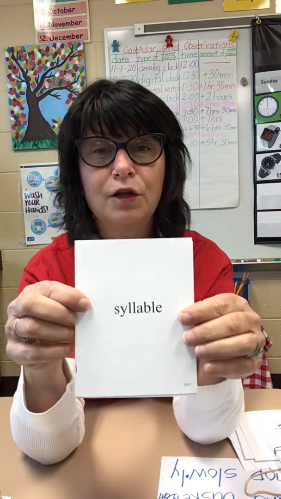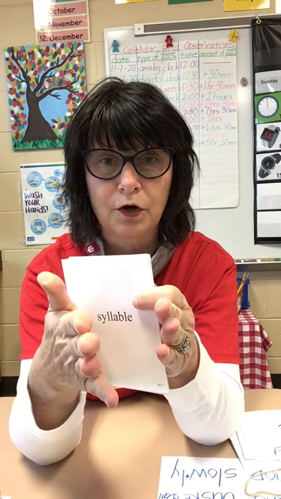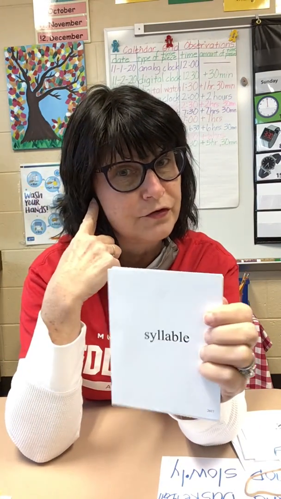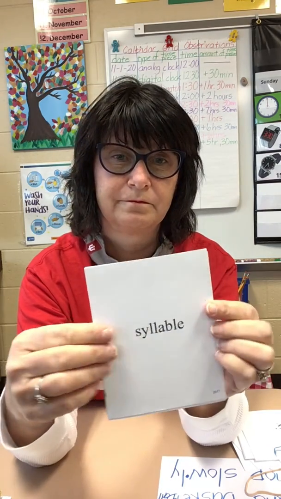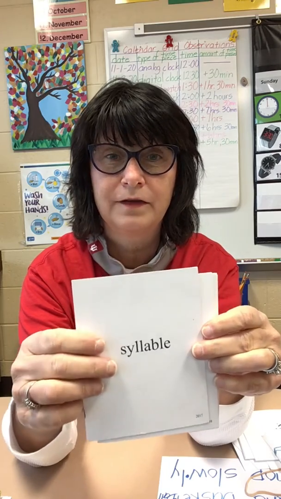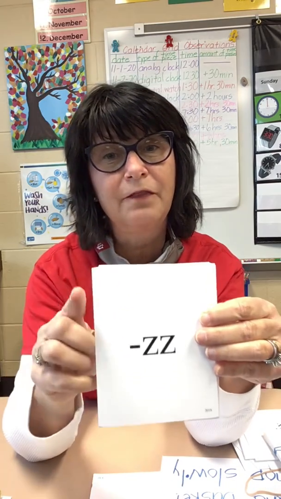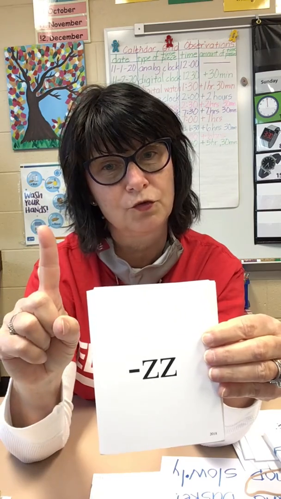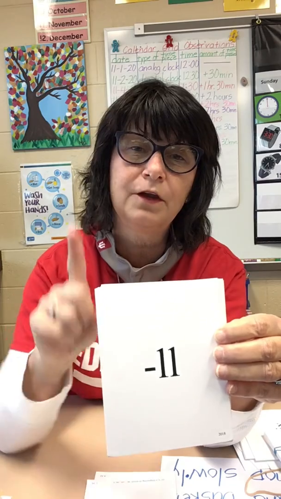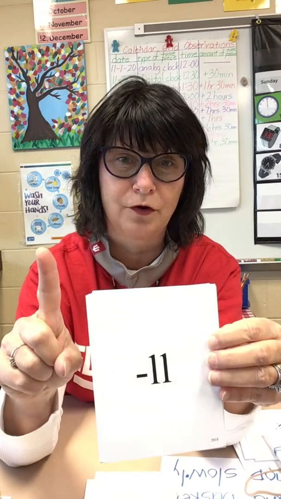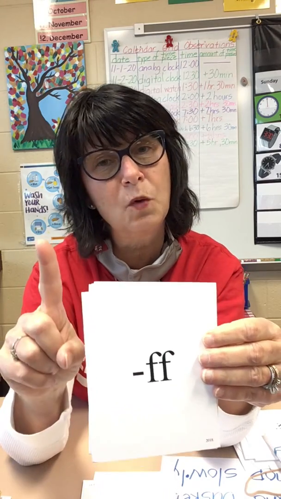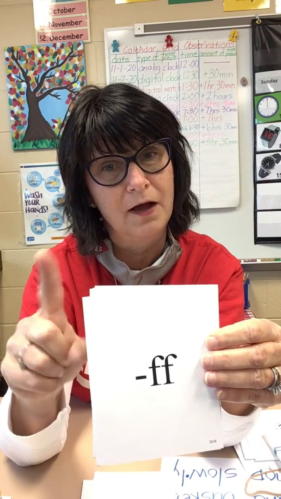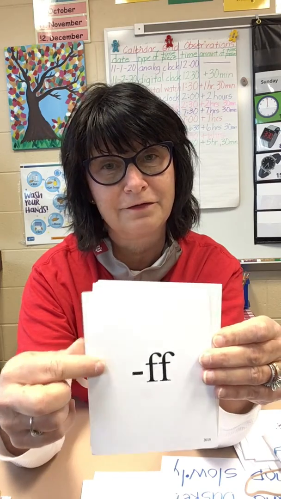All right, a syllable is a word or part of a word with only one vowel sound. And you can say these with me. At the end of a one-syllable word, after one short vowel, Z is spelled ZZ. L is spelled LL. F is spelled FF.